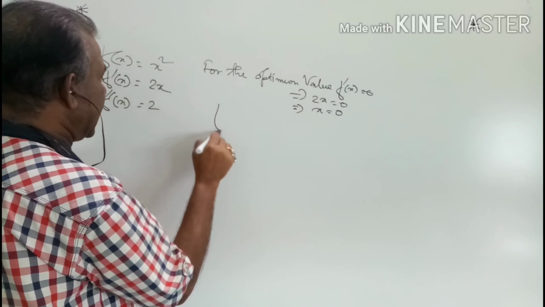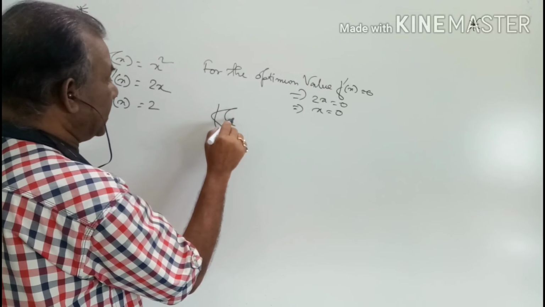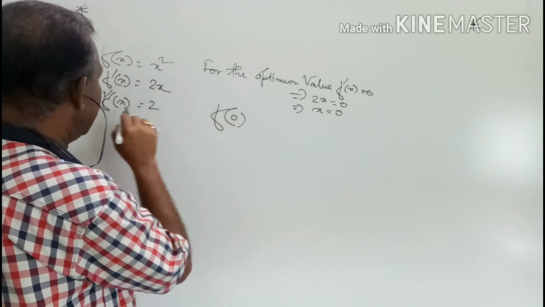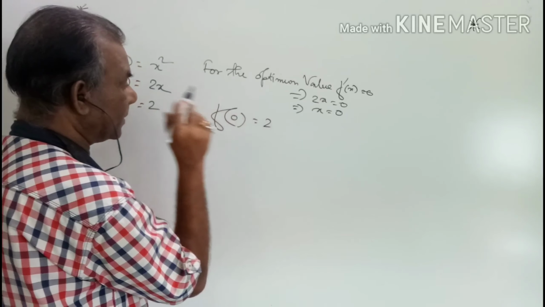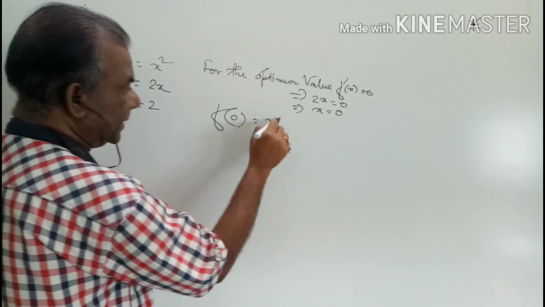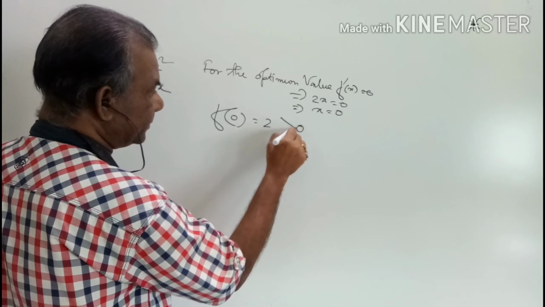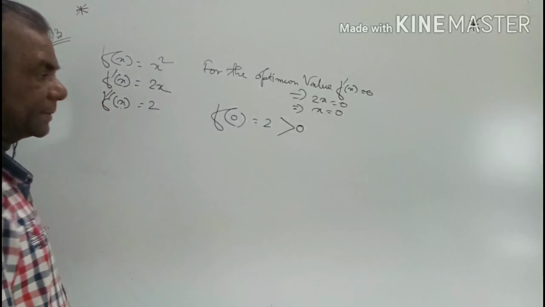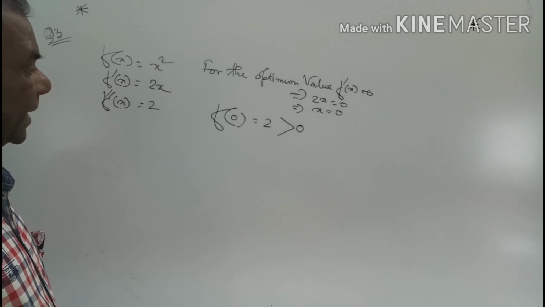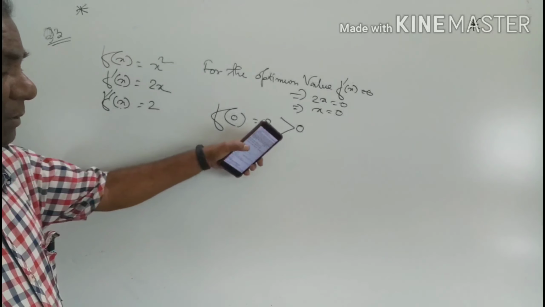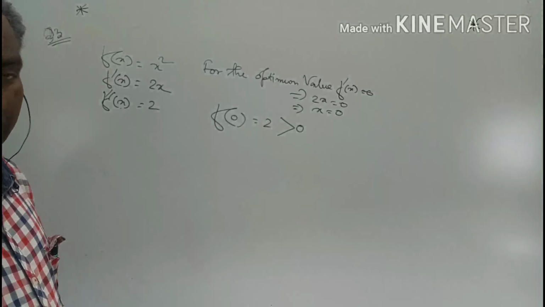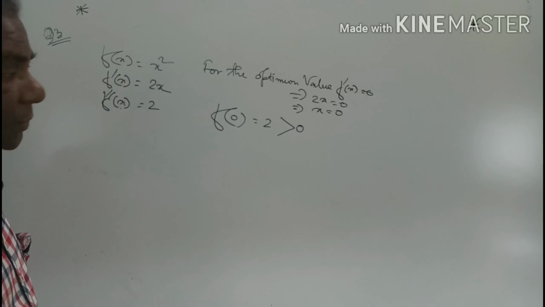So f double dash 0, if you put it, it will be 2, which is greater than 0. So the function has a local minimum at x is equal to 0.